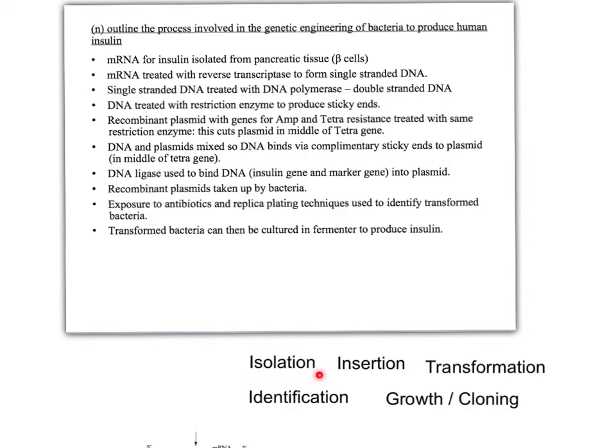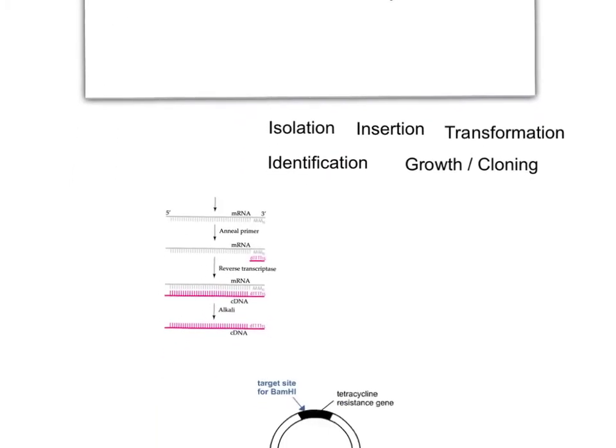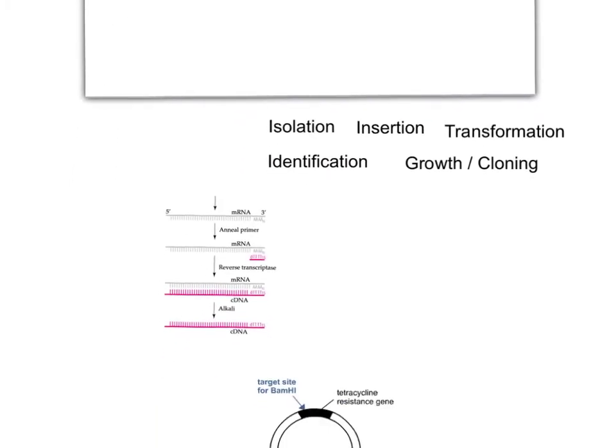And the way that we do this is by using an enzyme called reverse transcriptase. What we do is we isolate messenger RNA, and the best place to find messenger RNA for producing insulin would be in a beta islet of Langerhans cell.